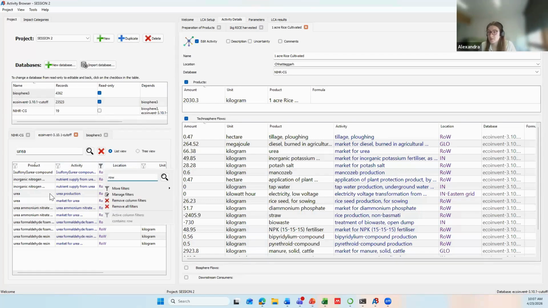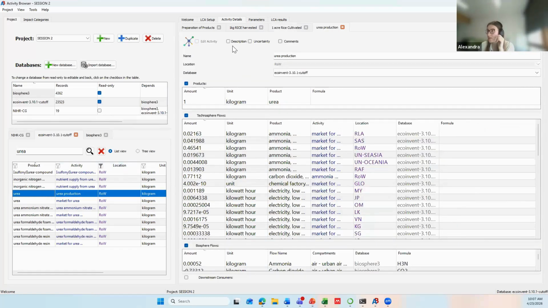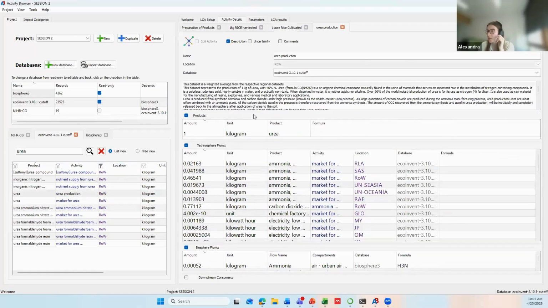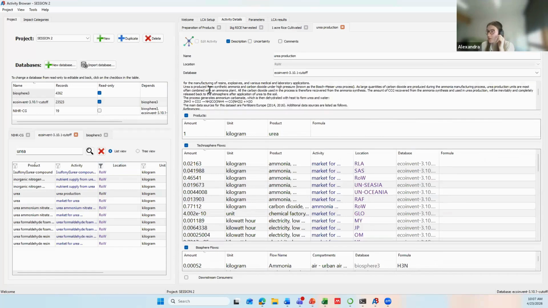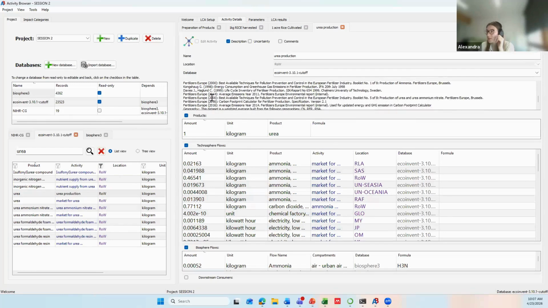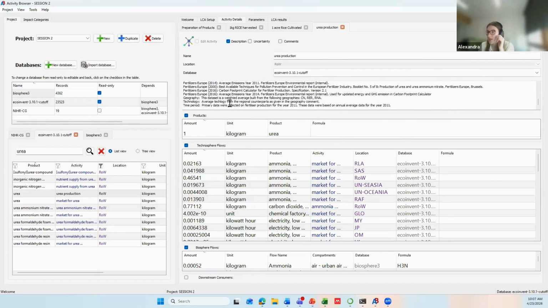So what is the difference between urea production and market for urea? Because both have the same name. If you know the exact way it was fabricated, and it matches the description in urea production, then I would recommend you pick it. Here you have the full description, and it is based on literature. As you can tell, this is based on European fertilizers.